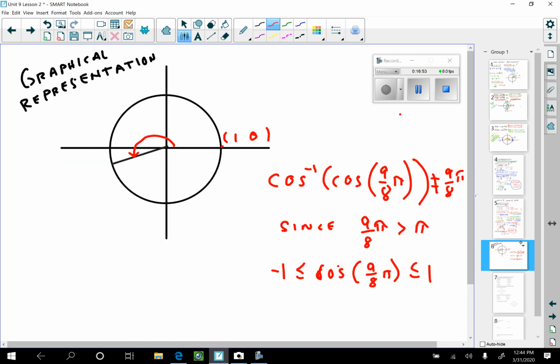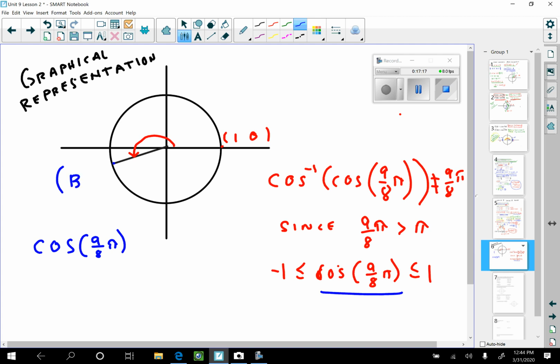What we're going to do here is we don't really know what this is. I mean, we could use our calculator, but we're not going to. But we really don't know what this is, this cosine of 9/8 pi. You know what I'm going to do? I'm just going to give it a name.